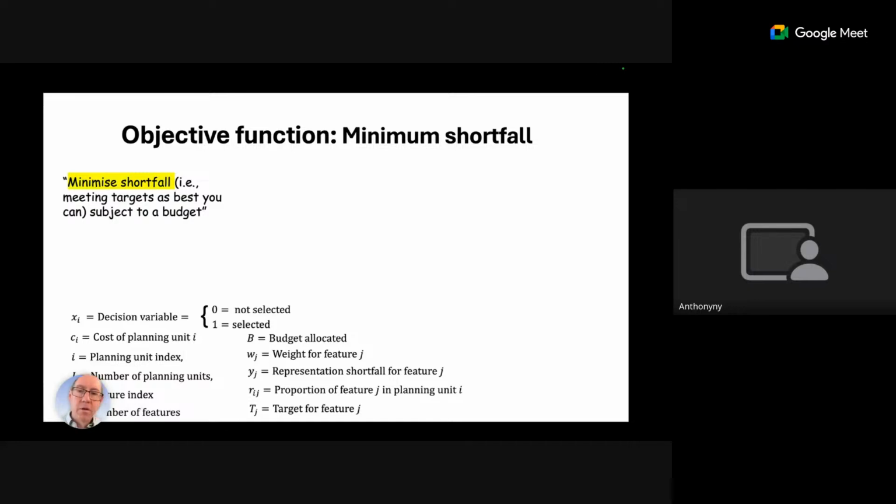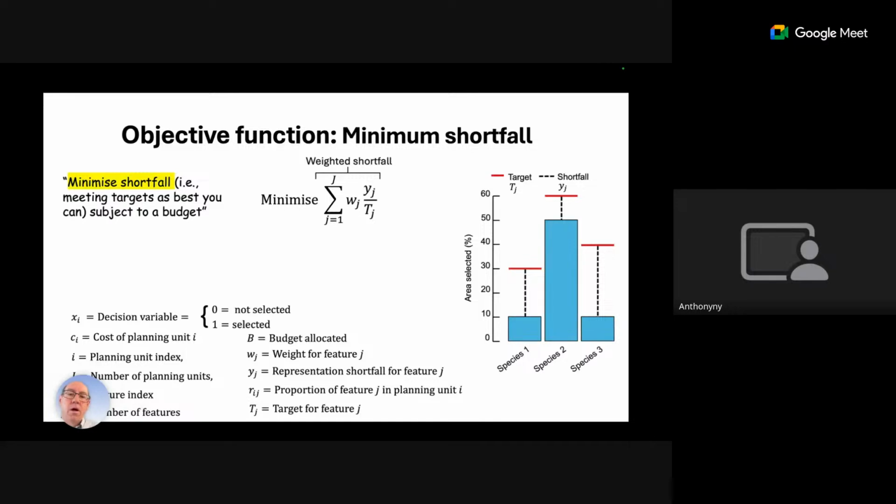There are many other objective functions. I'm going to just talk about three. Here's another one that's quite different, which is a minimum shortfall. And that idea is that we need to meet the targets as best we can, subject to a certain budget or a certain cost. So the way this works is that we've got a weighted shortfall. We can think of the targets we want to meet, but maybe we can't meet those targets.